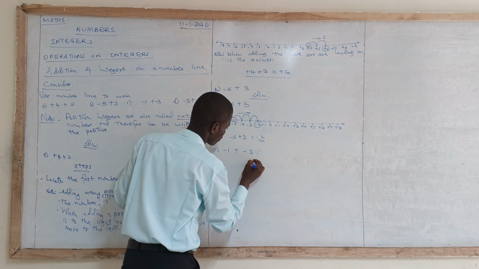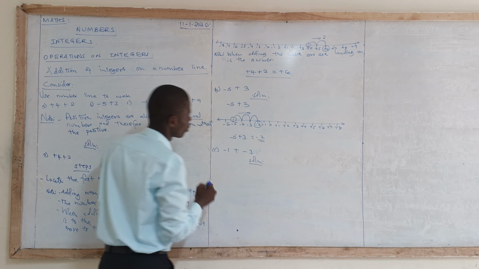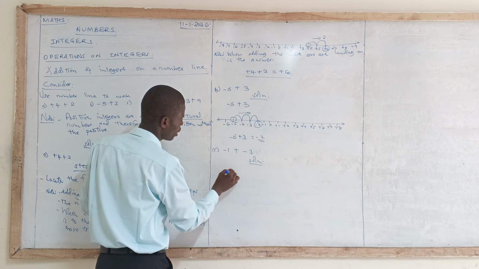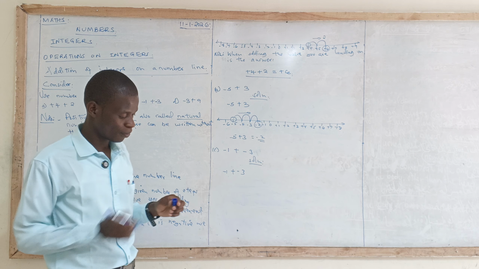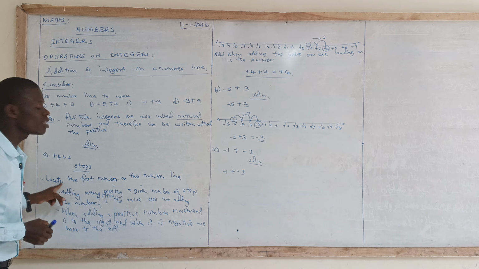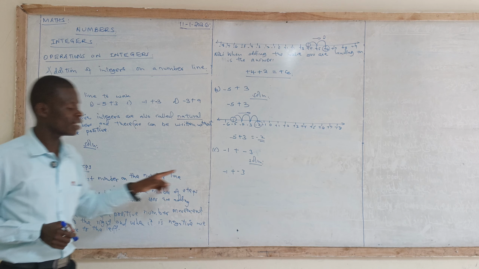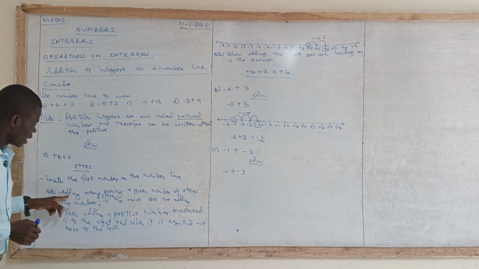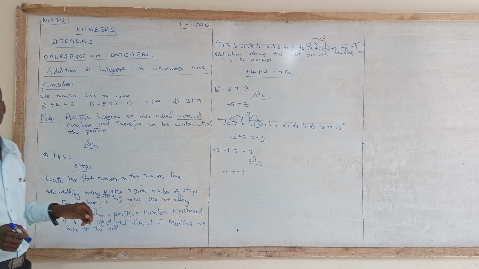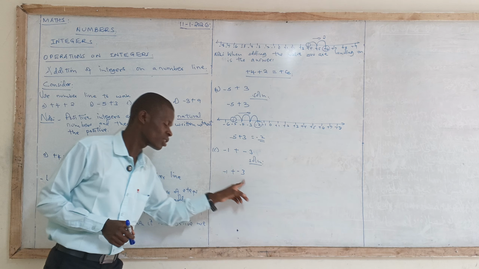Solution, what do you have? Negative 1 plus negative 3. Will there be change? No. Remember, look at the first number. First number here is negative 1. Good. Adding means movement of steps. How many steps am I moving? 3 steps.